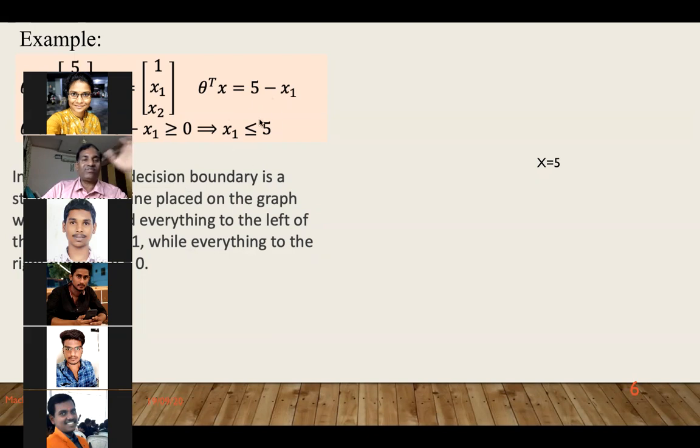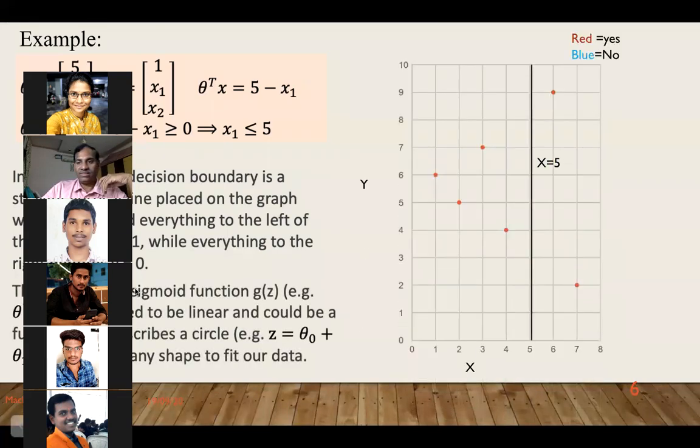Taking x1 equal to 5, in the two-dimensional space of x1 and x2, it is a line parallel to the vertical axis, the x1 equals 5 line. x won't change, only the y values will change. So this is the line we get by using theta transpose x greater than or equal to 0.